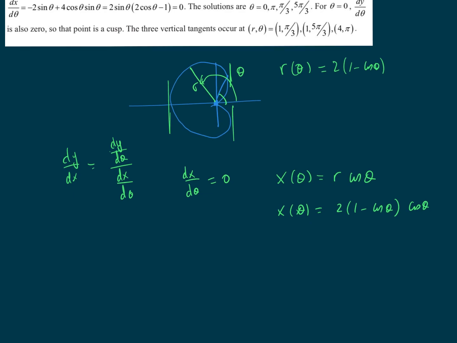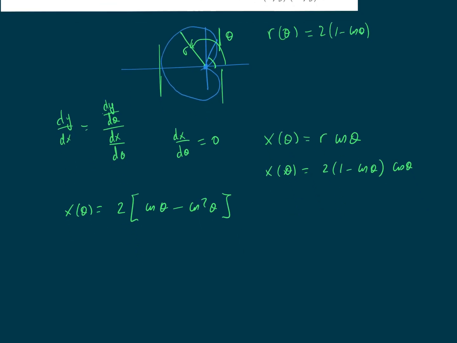So let's write x of theta equals 2 times cosine of theta minus cosine squared of theta.